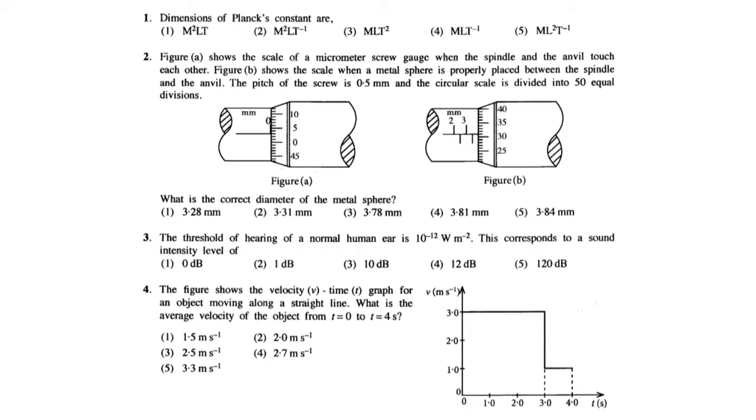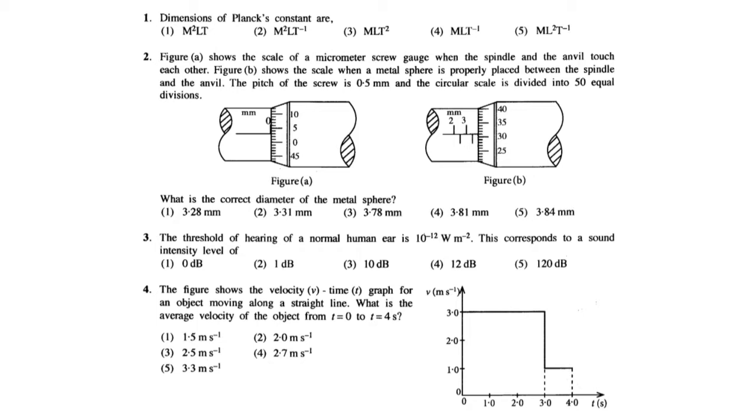So it is 31. 31 parts have been passed the horizontal line. So your answer would be 3.5 plus 31 parts into 0.01, which is 3.81 millimeter.